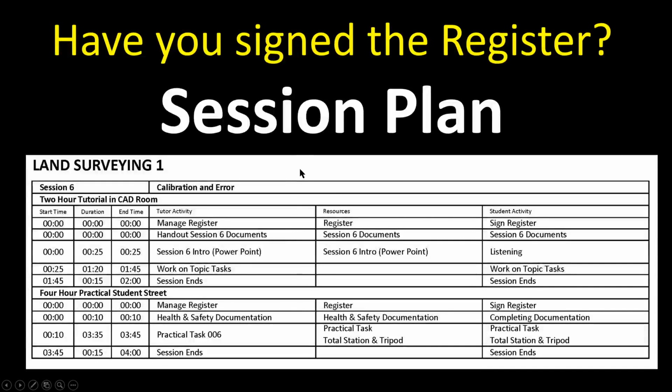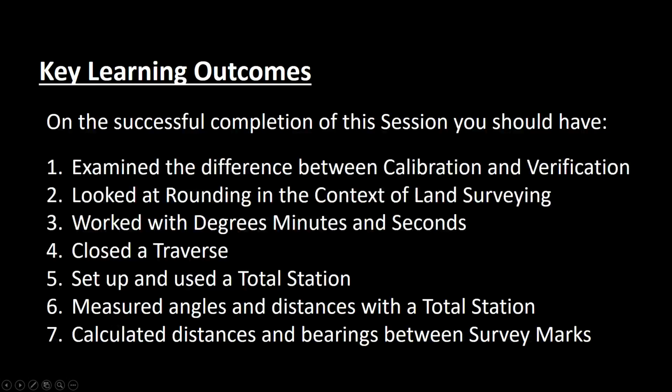So, moving right along, the key learning outcomes for this session are that on successful completion of this session, you should have examined the difference between calibration and verification. What is this difference? And this is key.